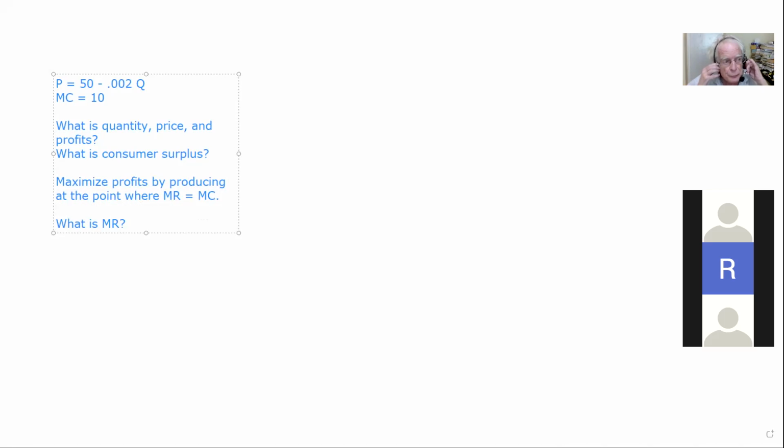Marginal revenue is 50 minus 0.004Q, because it is twice as steep as the demand curve. Yes, exactly. Good. So let's equate marginal revenue and marginal cost, and then solve for Q.